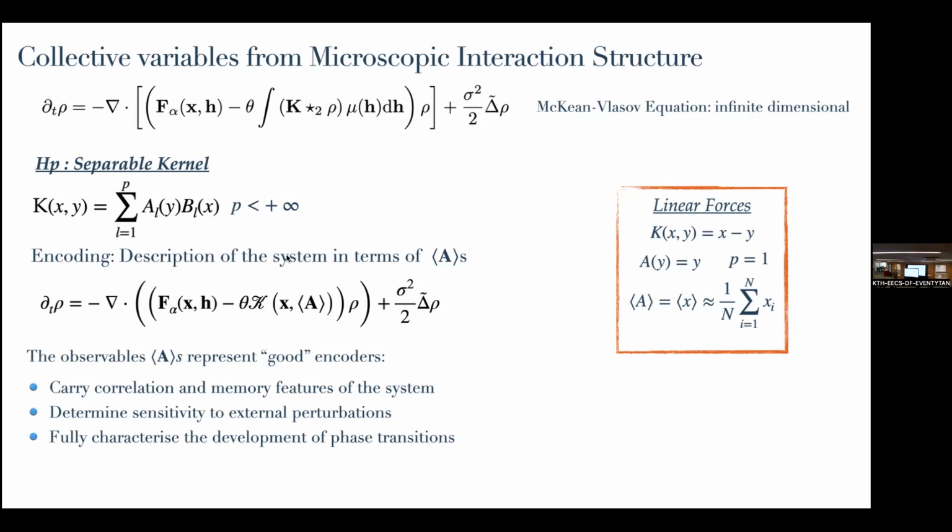Then we can show that you have this encoding given by exactly these functions A. So you can write the McKean-Vlasov equation in a form where the interaction part does not depend on the full probability distribution, but just on a finite number of observables A. These observables are exactly the ones appearing in this decomposition. For linear forces, it looks like this.